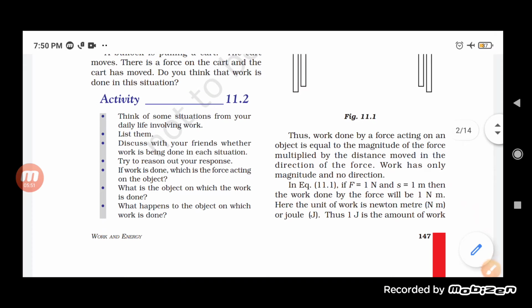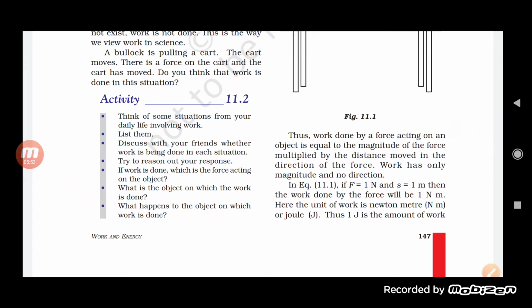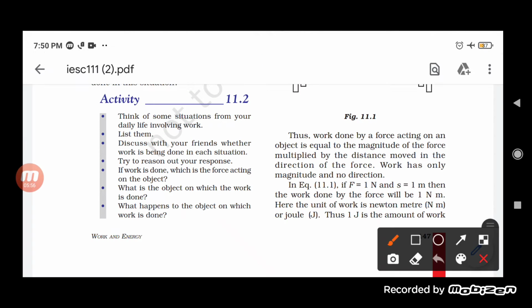So, what is the definition of 1 joule? See here, the definition of 1 joule is that if F is equal to 1 Newton and S is equal to 1 meter, then the work done by the force will be equal to 1 Newton meter, right? And that is the unit of work, or we also represent it as 1 joule.